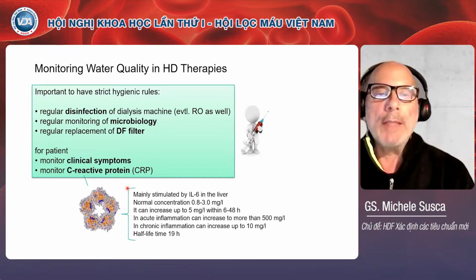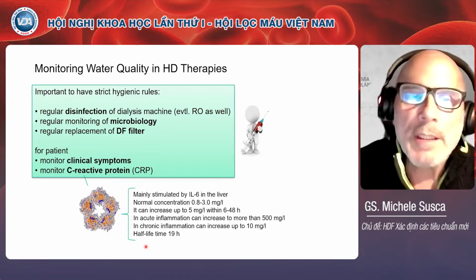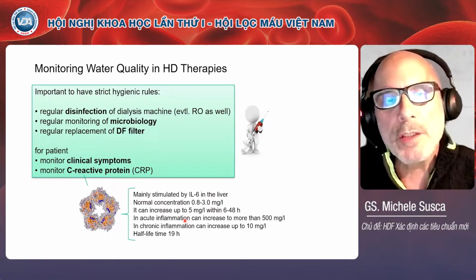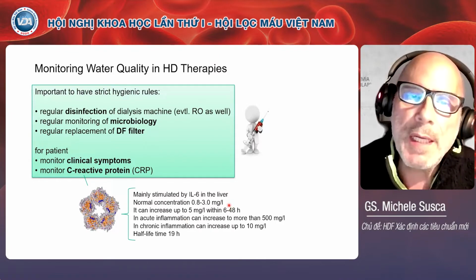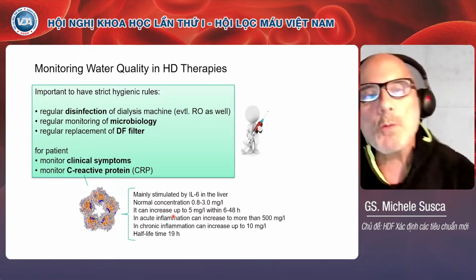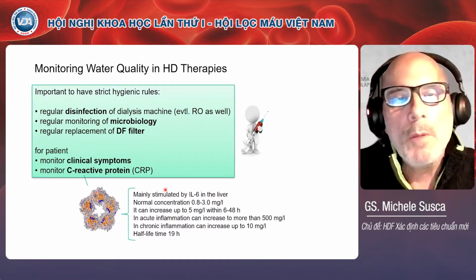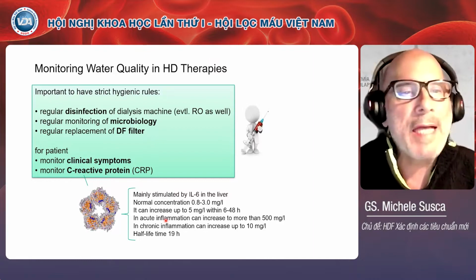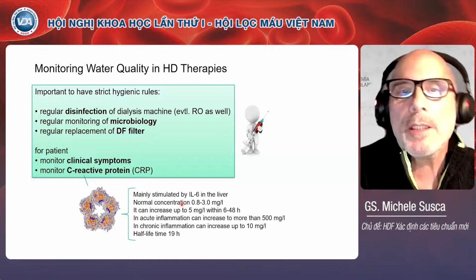And you, as doctors, know well the normal concentrations, the increase of CRP, and so on, and then you know what to do. So this is enough. This is what you have to take care of. More special tests, special checks are usually not necessary.